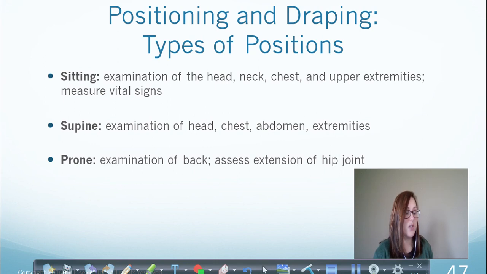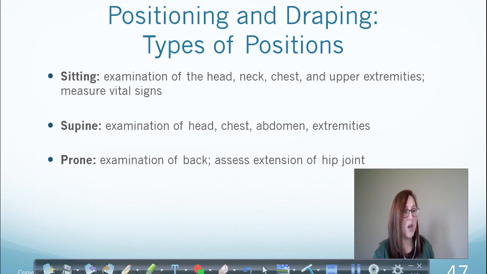Sometimes it's difficult in those patients with a respiratory illness if they're not breathing well or if they have back pain. It might be difficult for them to be in that position. You also want to make sure that a lot of the exam tables have an extension that you can pull out to help support their legs to help keep them more comfortable.